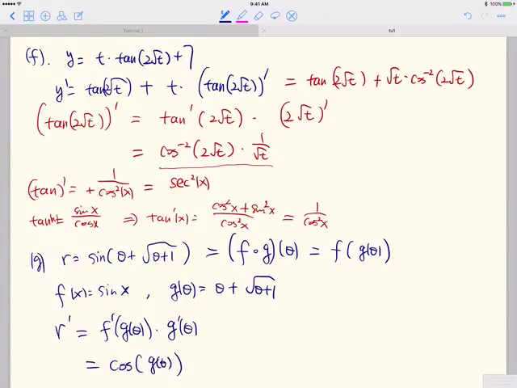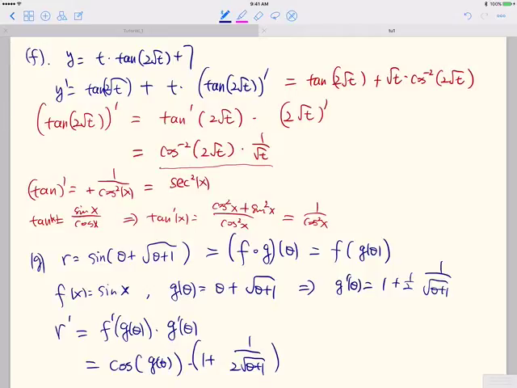We can plug in the expression for g(theta) later, so we leave it here, times g prime theta. From this one, g prime theta is just 1 plus, right? So this is 1 plus 2 square root theta plus 1 to the power of minus 1. Okay, so that's the r prime.